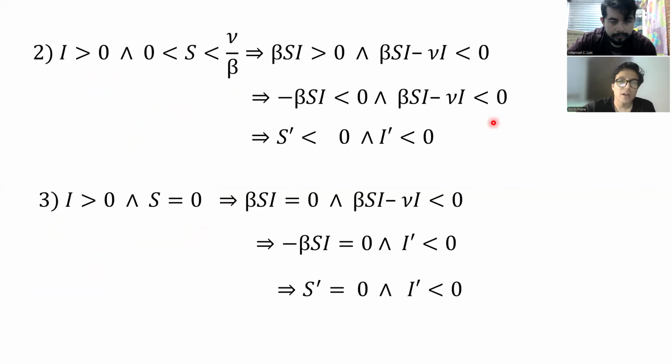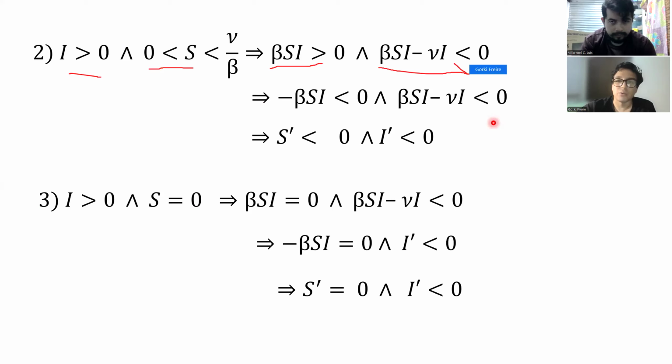But if you go back, we see this one. We have that I is greater than 0, and S, since it needs to be positive, is less than V over beta. We get this expression immediately, since S and I are positive and beta also is positive.